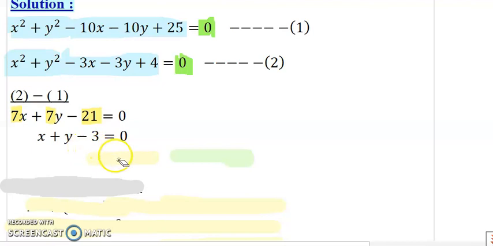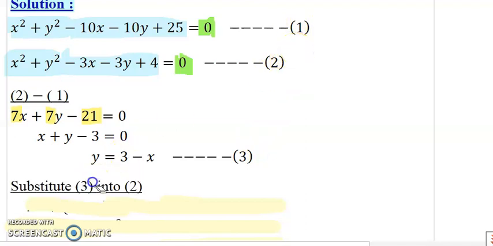In my solution, I have y equals 3 minus x, where I write y in terms of x. The use of this third equation is to substitute into either the first or second equation to find the x value for the points of intersection.